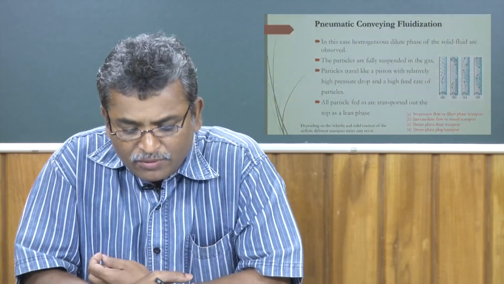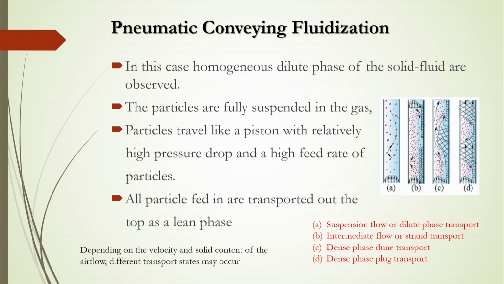Now, pneumatic conveying fluidization, in this case a homogeneous dilute phase of the solid and fluid is observed. In this case, there will be no bubble formation, no churning condition, and no fast fluidization condition here. Only the solid particles will go straight up and come out from the top of the bed.